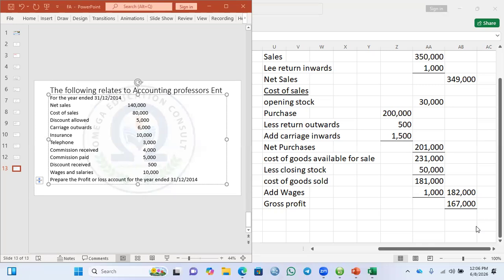If it is not defined as received, then you right away take it as an expense. Most of the time you have your trial balance, so you use the balances to determine whether it's an income or expense. If insurance is in the debit column, it's an expense.